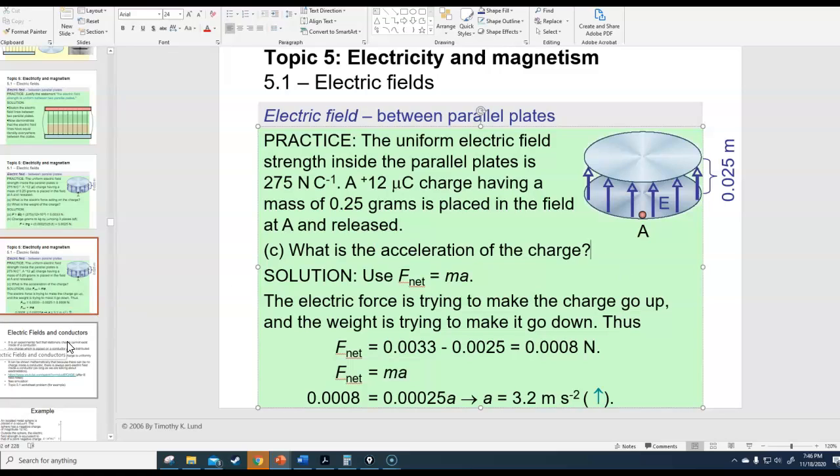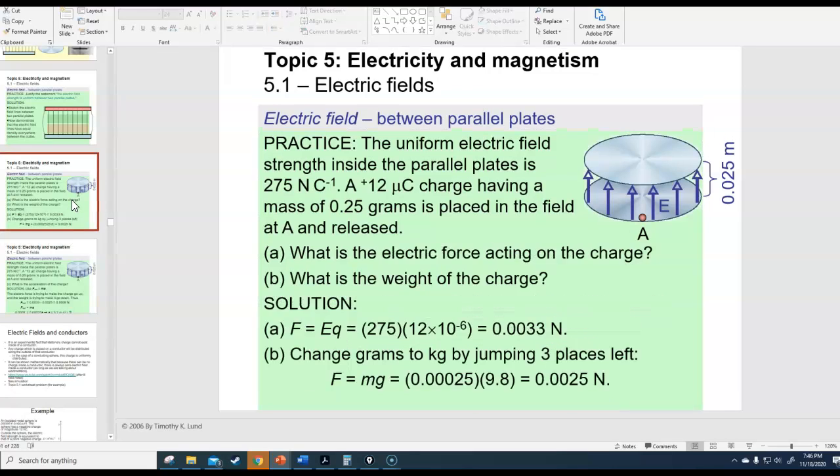Okay, and so that's just a really basic type of situation involving the electric field between two parallel plates. The reason we can do this type of simplified problem again is because in this situation the electric field is uniform. Going back to part A where it said what is the electric force acting on the charge, generally speaking the electric field is not constant in a given situation.